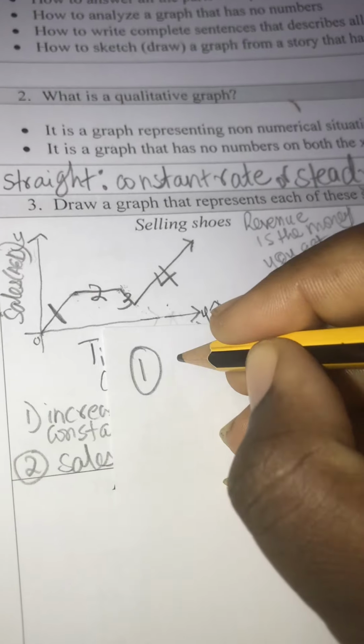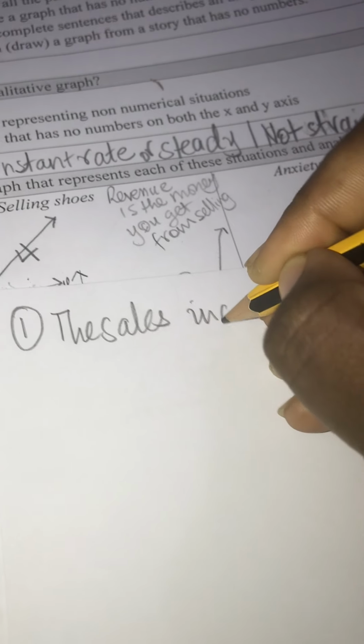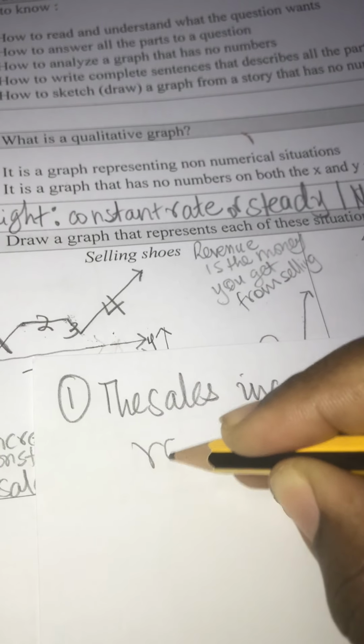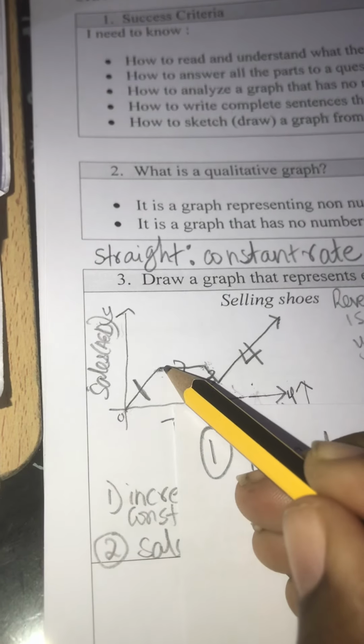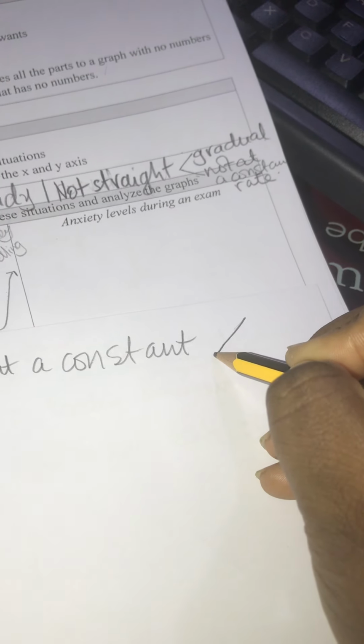So part 1, I will say the sales increased at a constant rate. Now we are here at the horizontal line, and if you want, you always draw your line so that you know you've done all your parts.